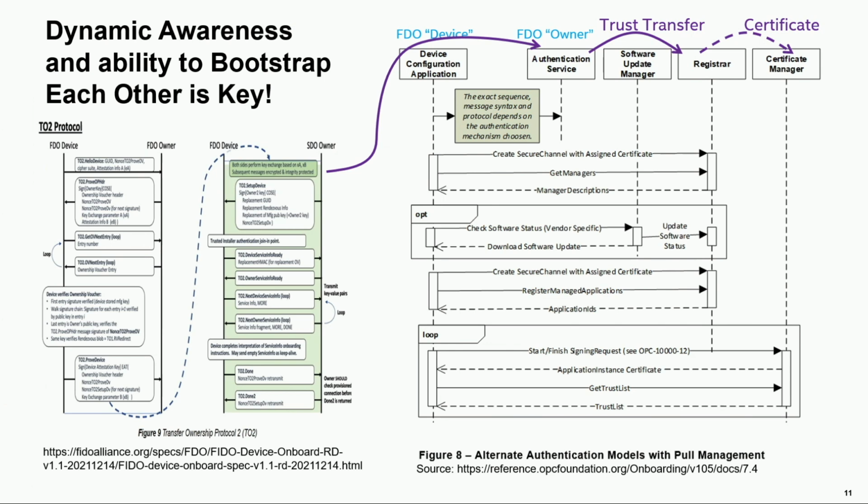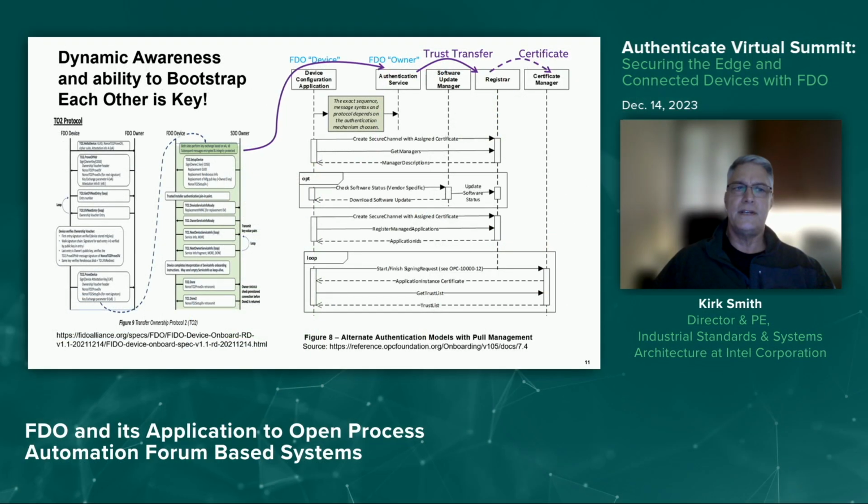You can see how the trust transfer hops across the top from the authentication service to the registrar, to the certificate manager, and then down below in the OPC Foundation model, in that case, you would actually see where it would pick up and finish the signing request and move forward. And so it's just an example of what's developing. I think this will appear in a future addendum to the specifications on both sides, and we think that's a positive outcome for the industry.